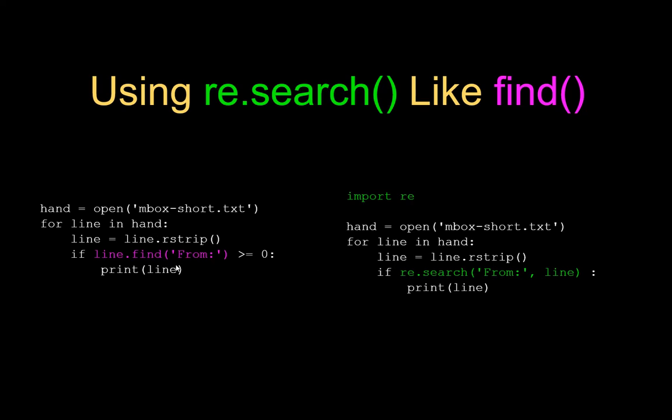If that line contains From with a capital F and a colon, we're going to print that line. This is the regular way of doing it without using a regular expression.